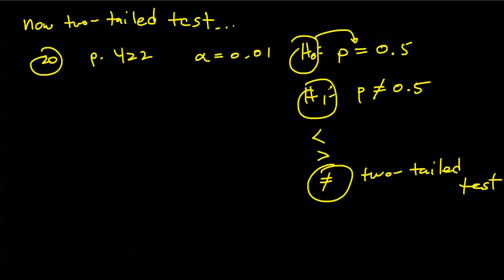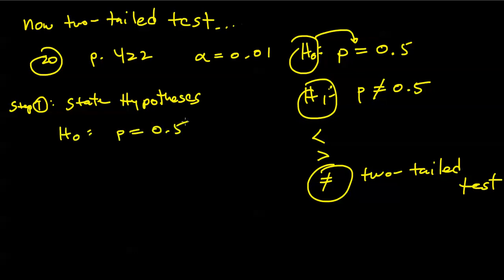Let me rewrite this. Step 1, state hypotheses. H0 is the claim that the population proportion of those in favor is one half. And H1 is that the population proportion of those in favor is not 1/2. And step 1 is done.